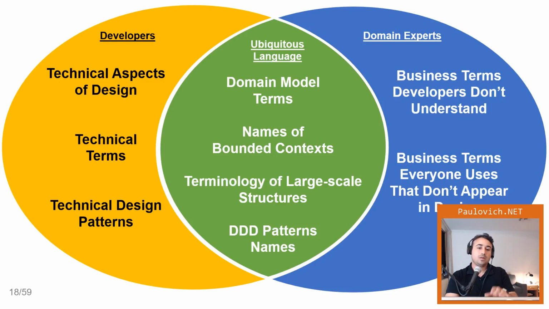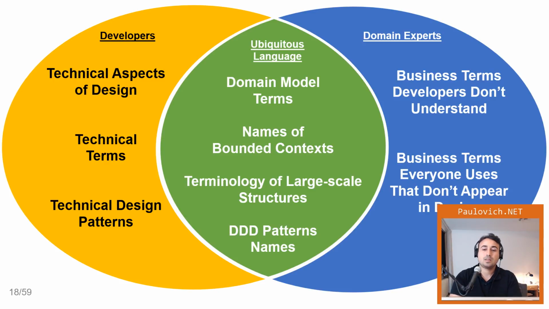If your business is big, there are different areas in your organization, with business concepts and terms that your developers will not know, and they don't want to know, because they need to focus on your core domain model.